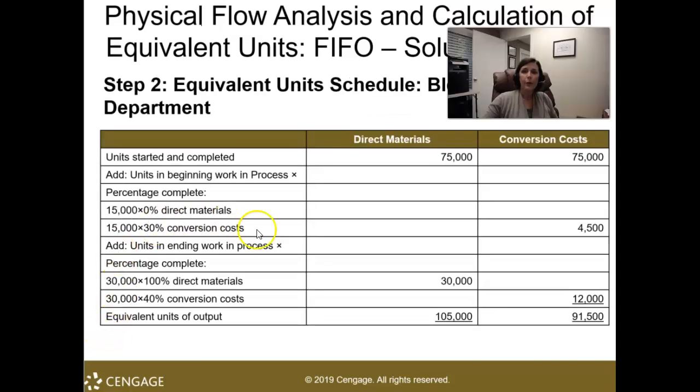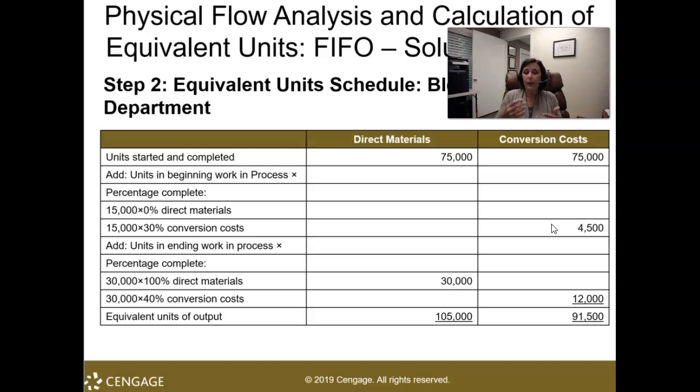Okay, so here's where we start to allocate costs. We have 30,000 of our ending work in process inventory that got 100% of its direct materials, but only 40% of the conversion costs. So we need to make that allocation. And then we've got the conversion costs associated with the beginning inventory.